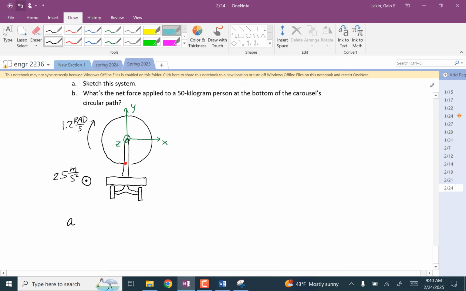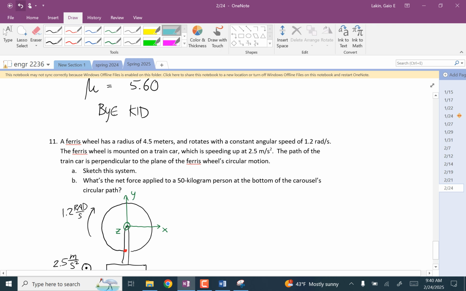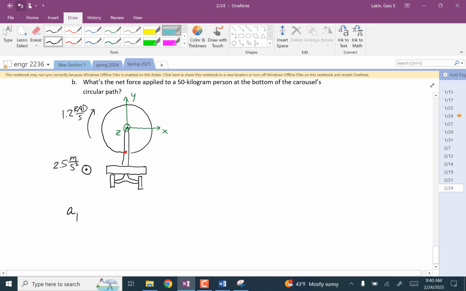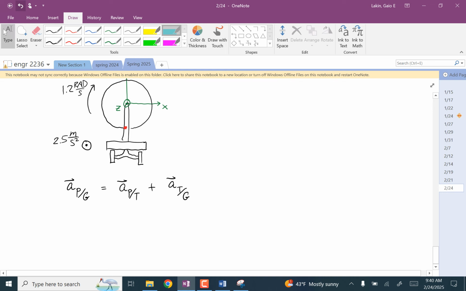So the acceleration of the person relative to the ground is equal to the acceleration of the person relative to the train car plus the acceleration of the train car relative to the ground. The acceleration of the train car relative to the ground, as I have it drawn, is just 0, 0, positive 2.5.